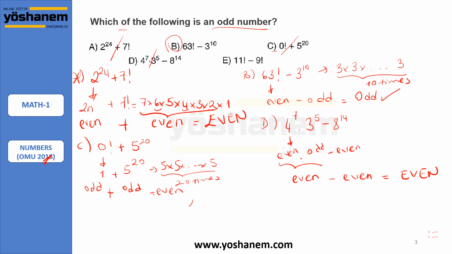The last one is E, and it says 11 factorial minus 9 factorial. 11 factorial is even, 9 factorial is even. So even minus even is even. That's why my answer is B.